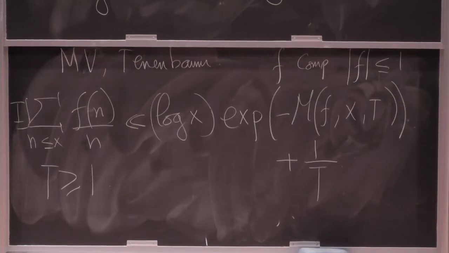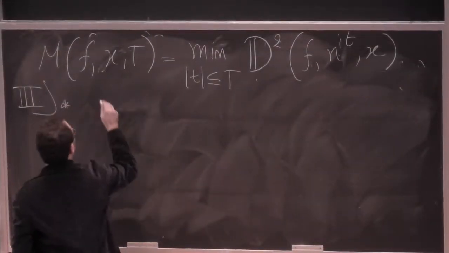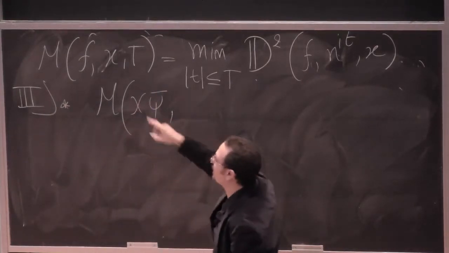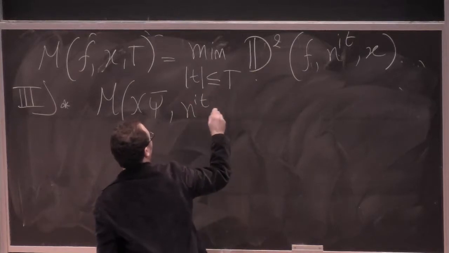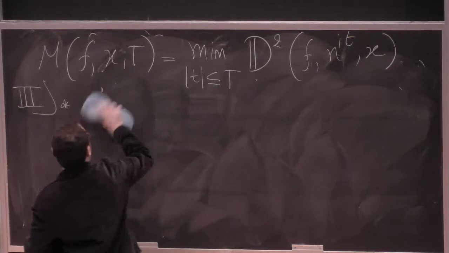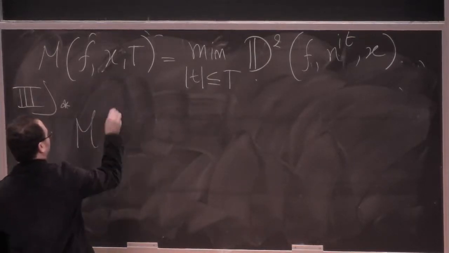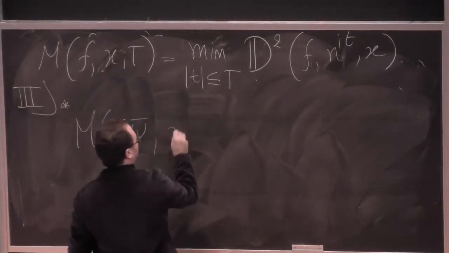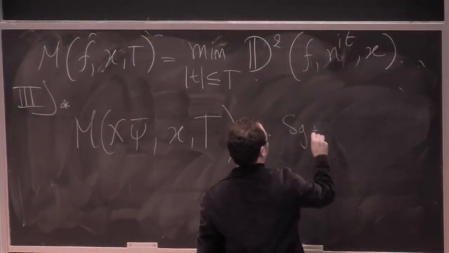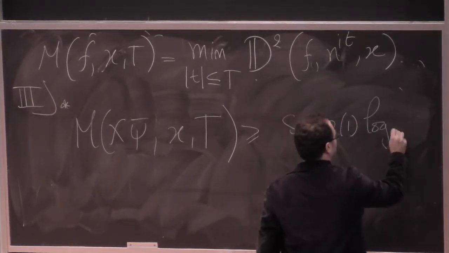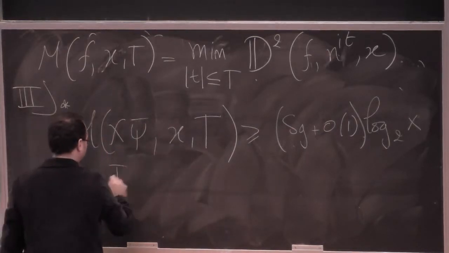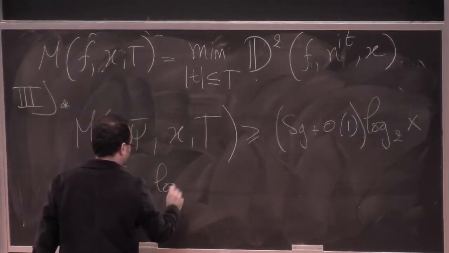So in step 3, you need to show that chi psi bar is in fact away from n^it, with the same, let me write it here, M(chi psi bar, x, t) is at least delta_g log x plus little o(1) log x, if t is between, let's say, 1 and log x squared.